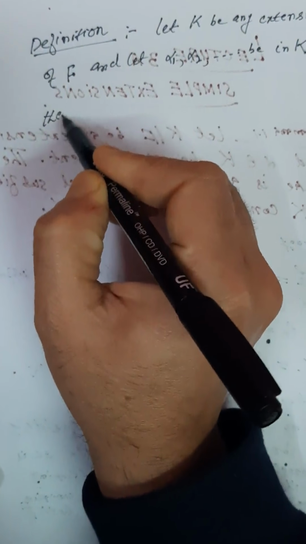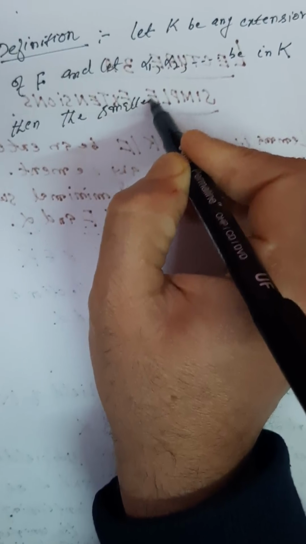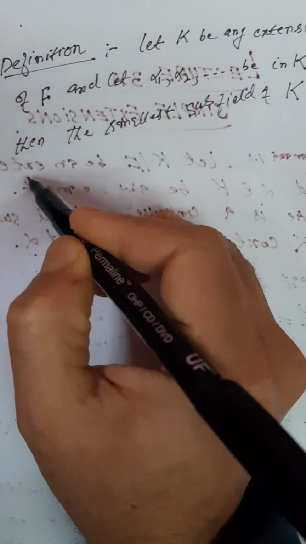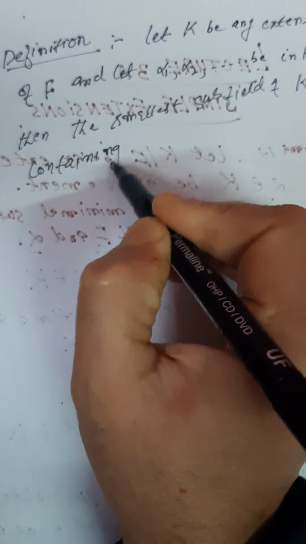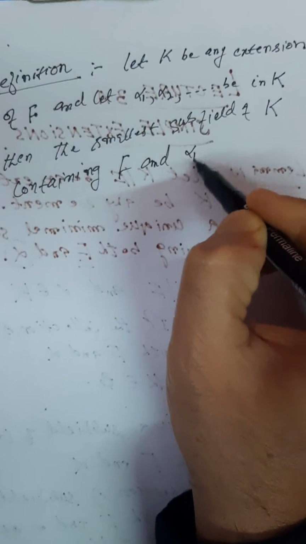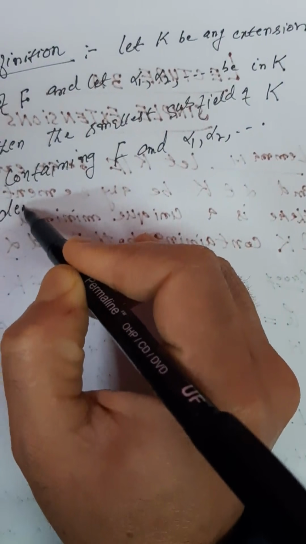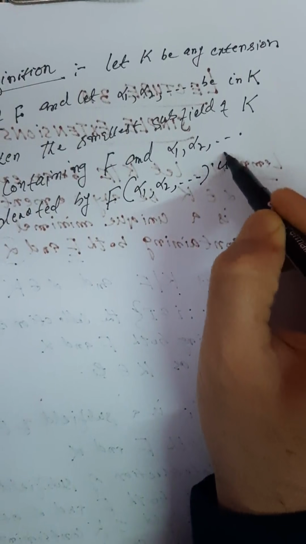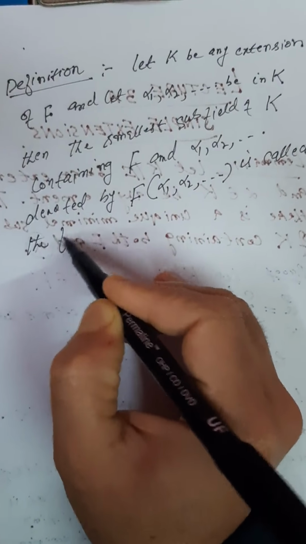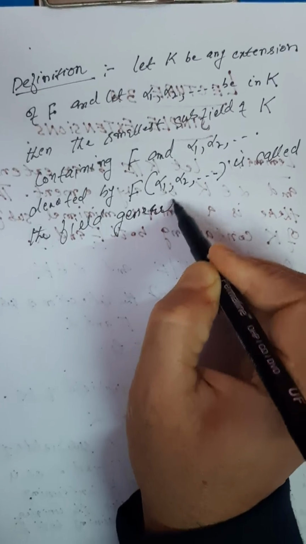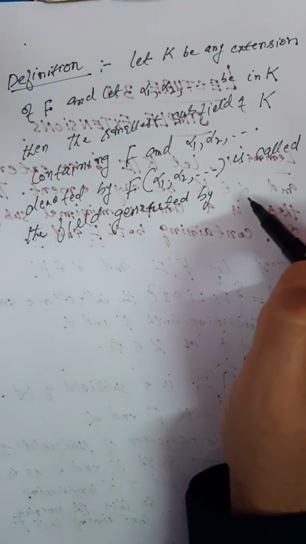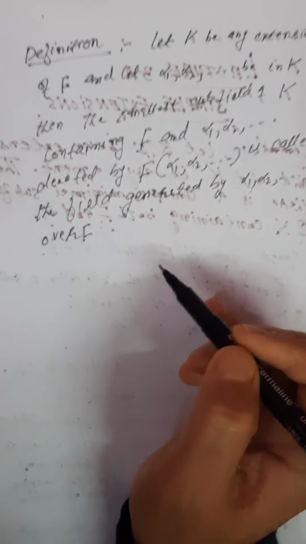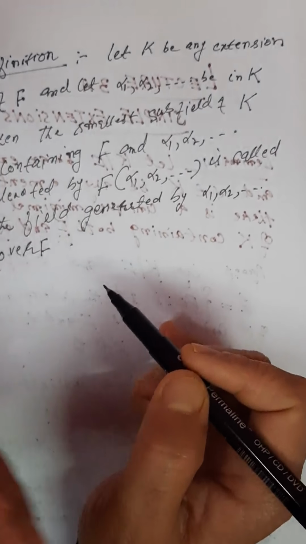Then the smallest subfield of K containing F and these elements alpha 1, alpha 2, and so on, denoted by this symbol F(alpha 1, alpha 2, ...), is called the field generated by alpha 1, alpha 2, and so on over F. And such a field exists because of our previous lemma.